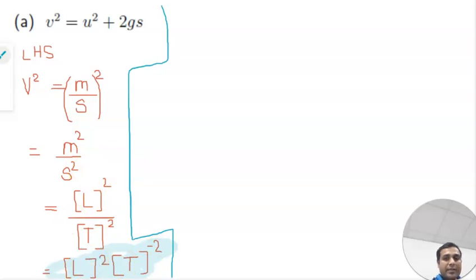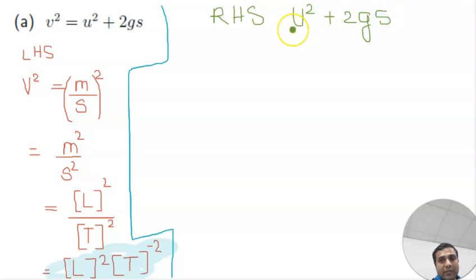Now I need a dimension for my right hand side. What do I have on the right hand side? u square plus 2gs. u is again a velocity, and the unit for the velocity is meter per second, and that's squared as well. 2 is just a 2. 2 is insignificant.